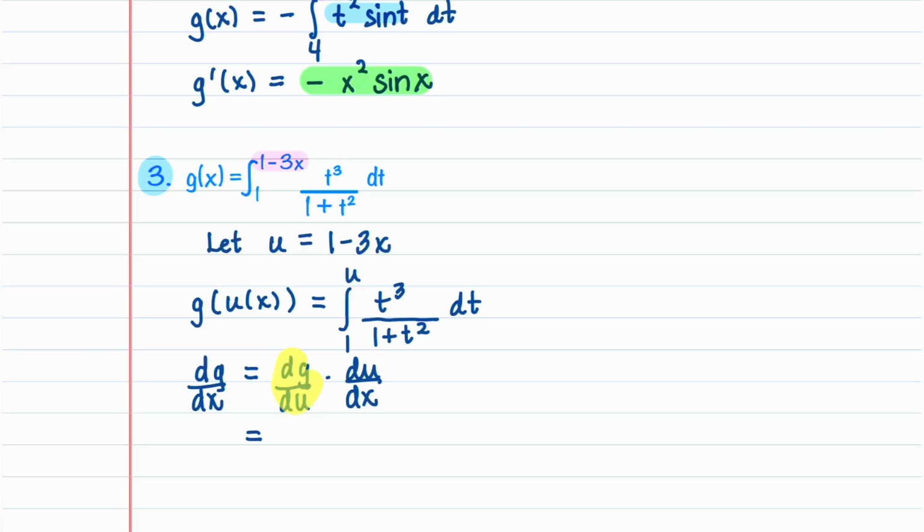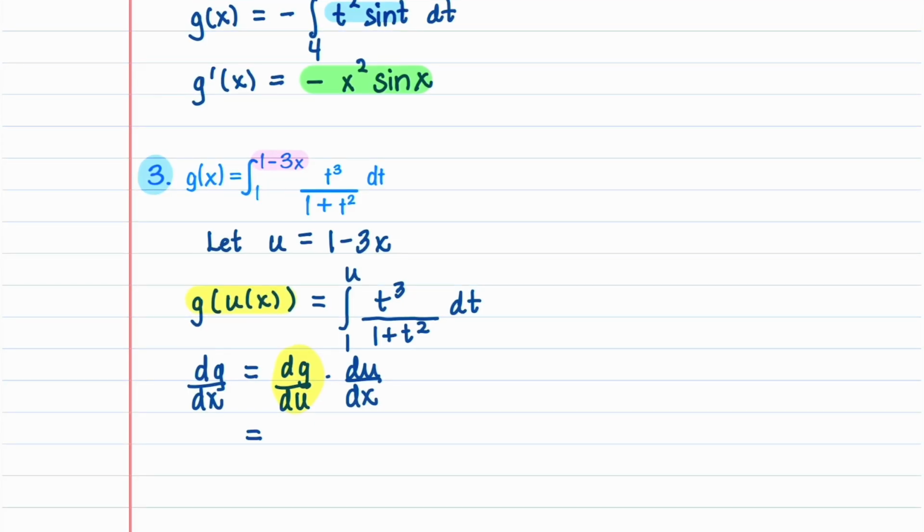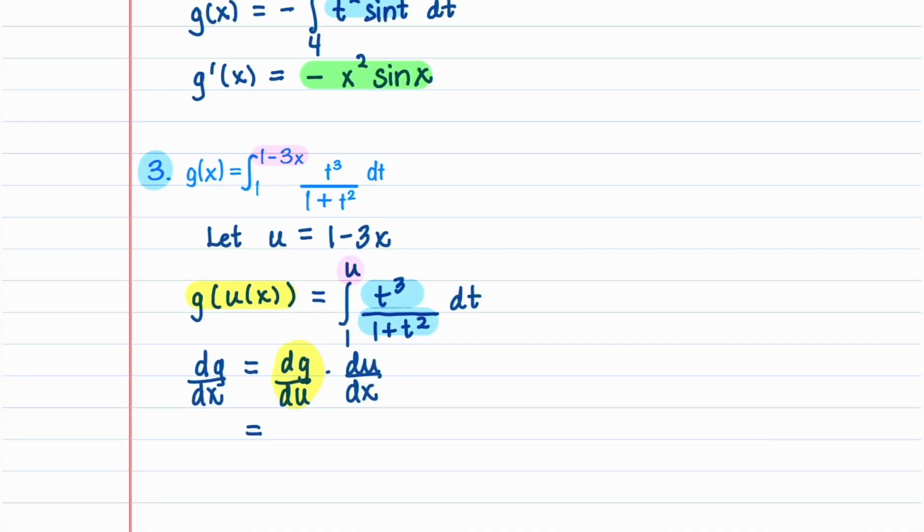Let's look at dg du first. That is just the derivative of this function right here with respect to u. And now u is our upper limit of integration. So dg du is just this integrand evaluated at u. So this gives us u cubed all divided by 1 plus u squared.